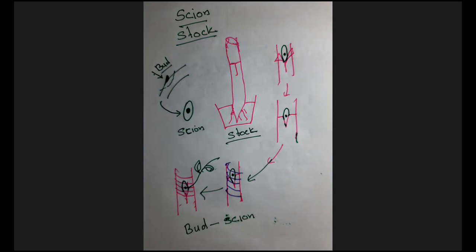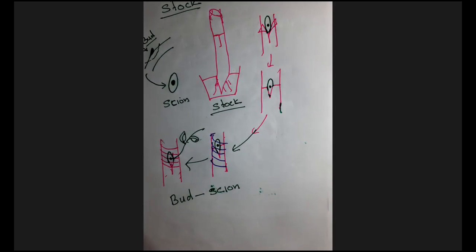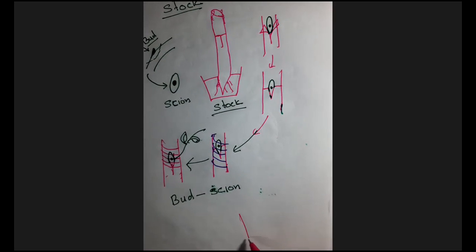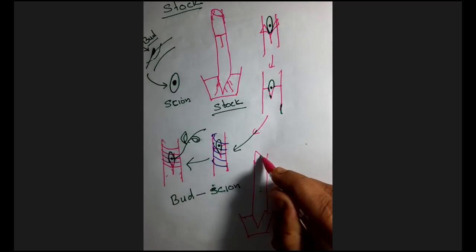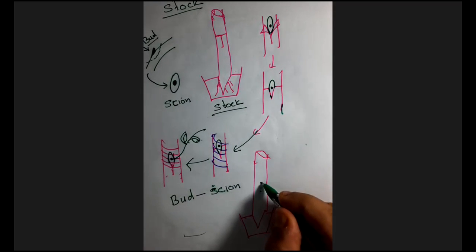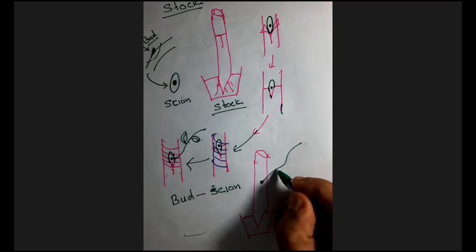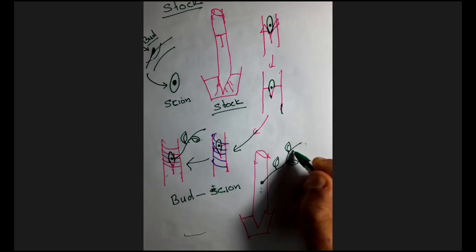So if you go for the final look of the plant, when you have a pot plant with this root system, from this place you are getting another plant.